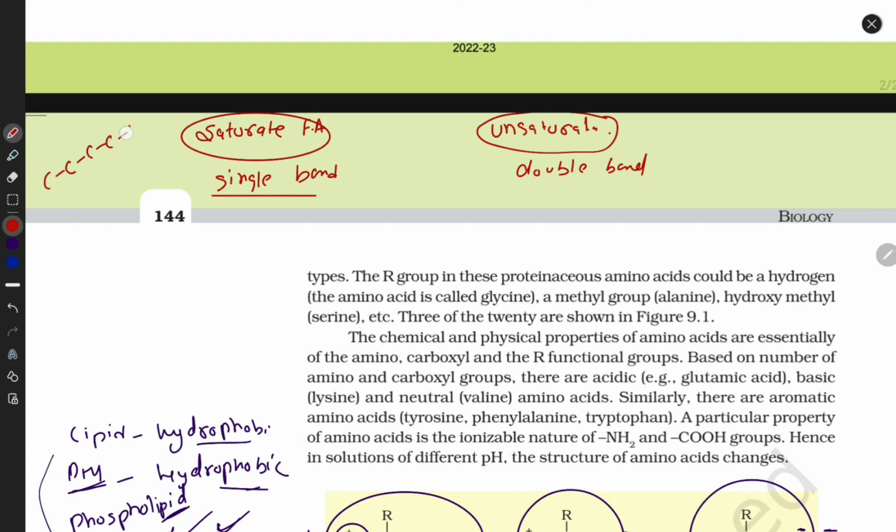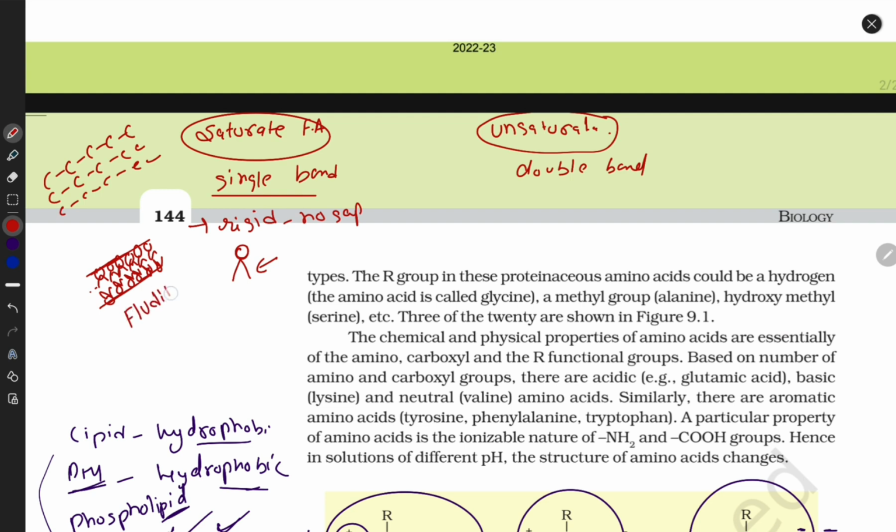So they arrange in this manner, with no gap, so they become more rigid. If I draw a phospholipid bilayer made up of saturated acid, they are tightly compact, so no molecule crosses them. Fluidity is less, meaning no one can cross this plasma membrane. If fluidity is less, melting point is high. Not easy to break.